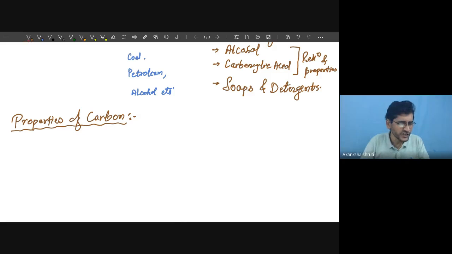The important properties that we have to learn are, let me list down those important properties we will discuss here. Very first we will start with the valency. The valency of carbon is found to be 4. How it is 4? Everything I will explain. And they combine through the covalent bond.